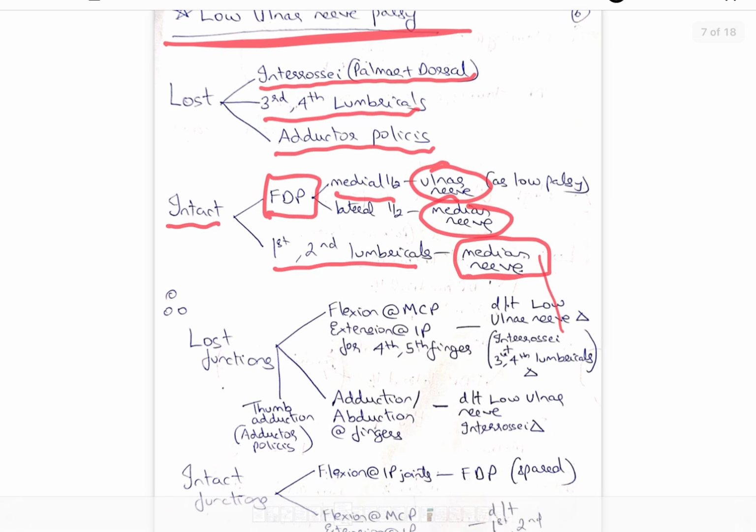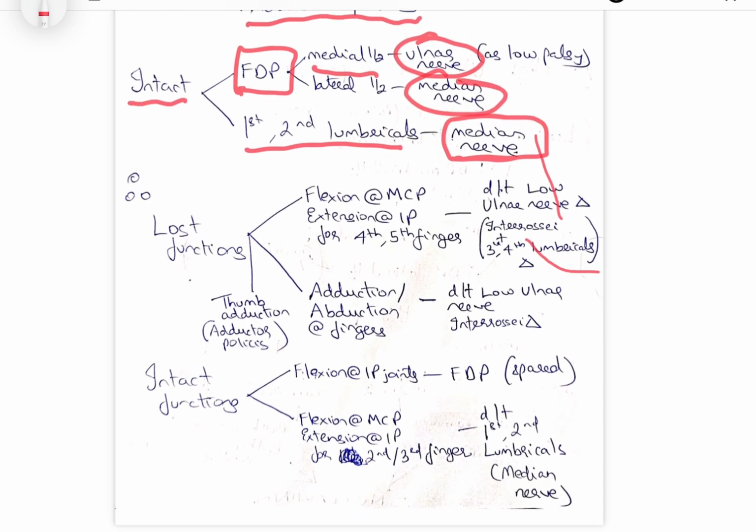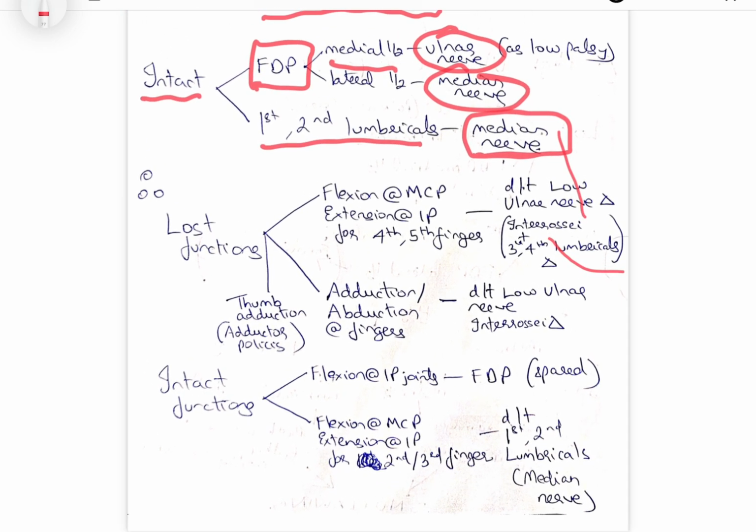Now due to loss of these muscles, how does it affect? What are the functions which are lost? Due to loss of interossei and third and fourth lumbricals, at the fourth and fifth finger the flexion at MCP and extension at IP joint is lost due to low ulnar nerve palsy.